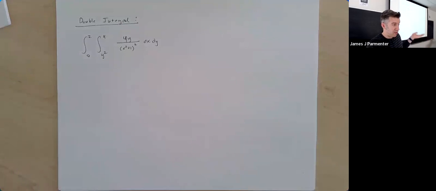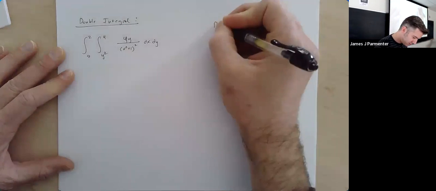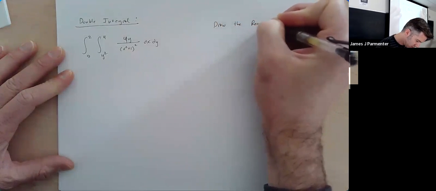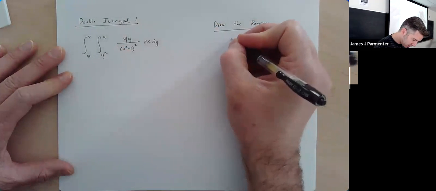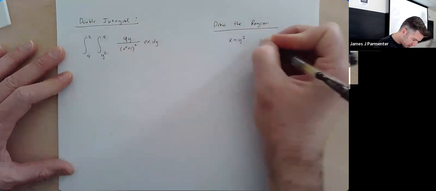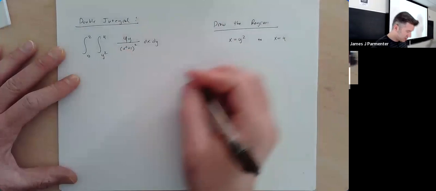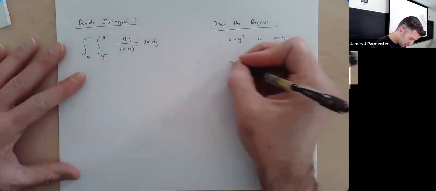So I should draw the region of integration. Draw the region. We know our curves are going to be where x is going from y squared to x equals 4, and then y is going to go from 0 to 2. But you always want to draw the inner region first.